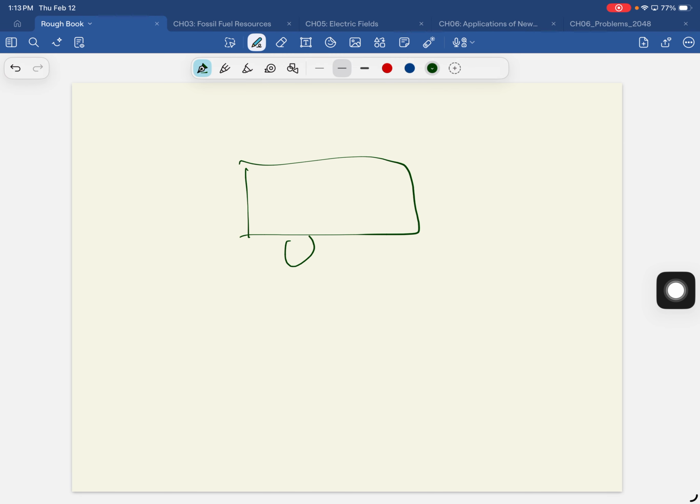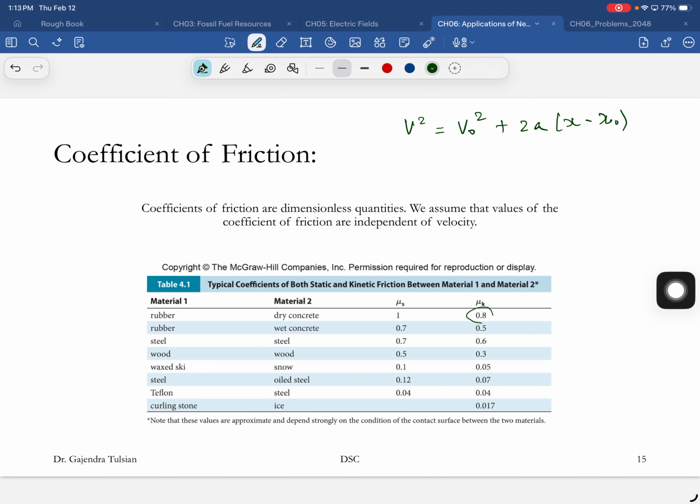so here's your car. If the brakes lock, then the car is sliding, and what you're using is the kinetic friction force, so you're using this number. The acceleration is smaller, so your stopping distance increases.